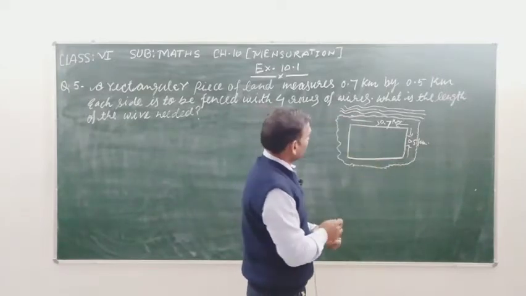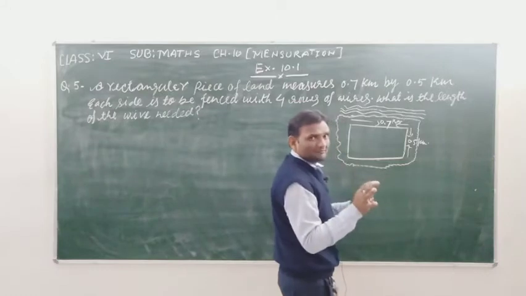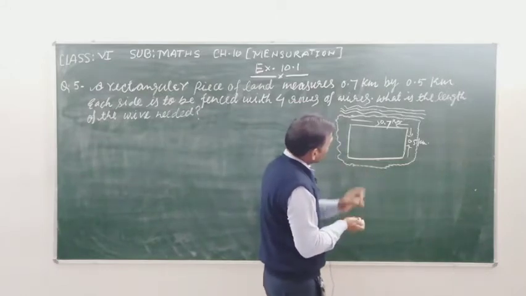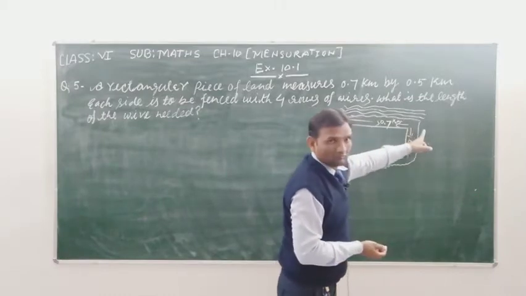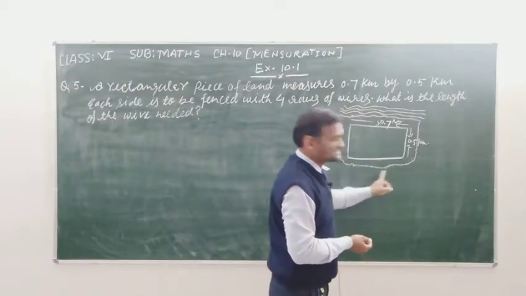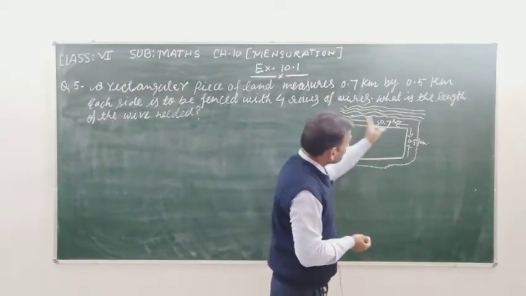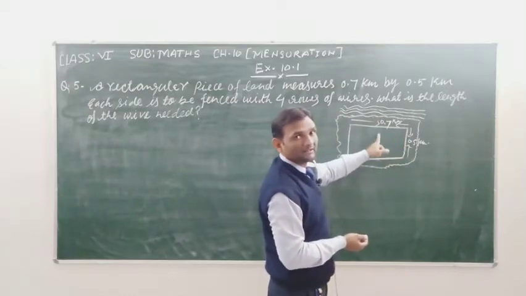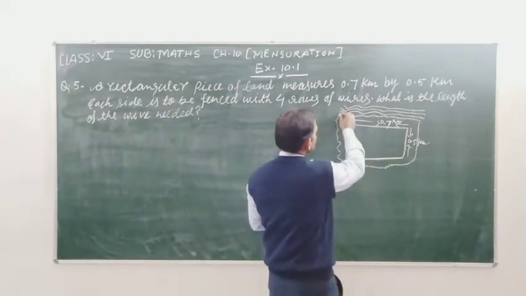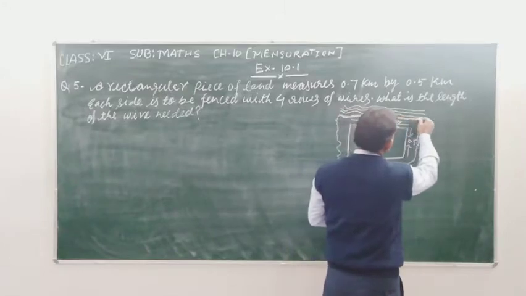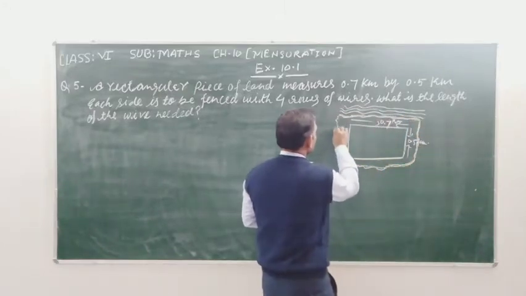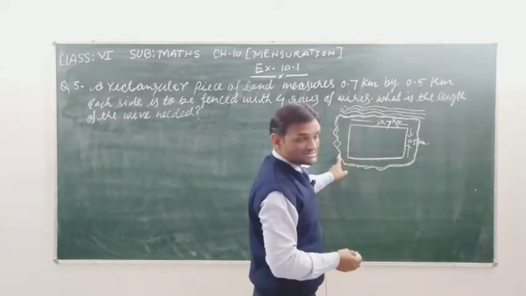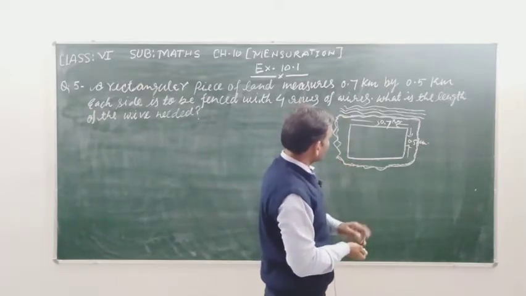So student, firstly tell me what is the length of the wire needed for fencing one row, 1 time, around the rectangular piece of the land. It means this is I'm using only one time. This is the length of the wire which we are using for fencing one time.